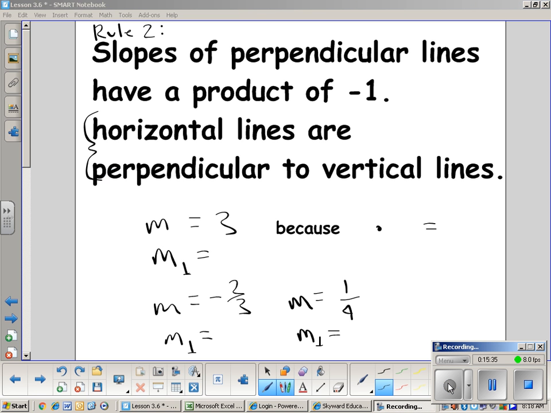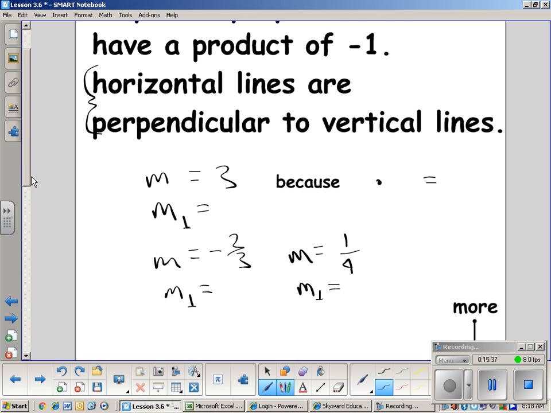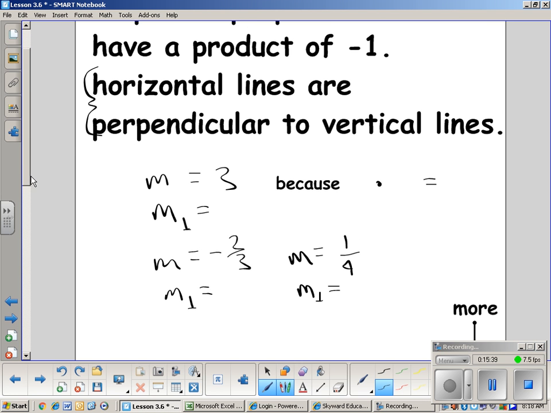Alright, so in this first example here, the slope of one line is 3. The question is, what's the slope of the perpendicular line? And so, what times 3 will give me -1? Yeah, -1/3. You're right, it's got to be negative.